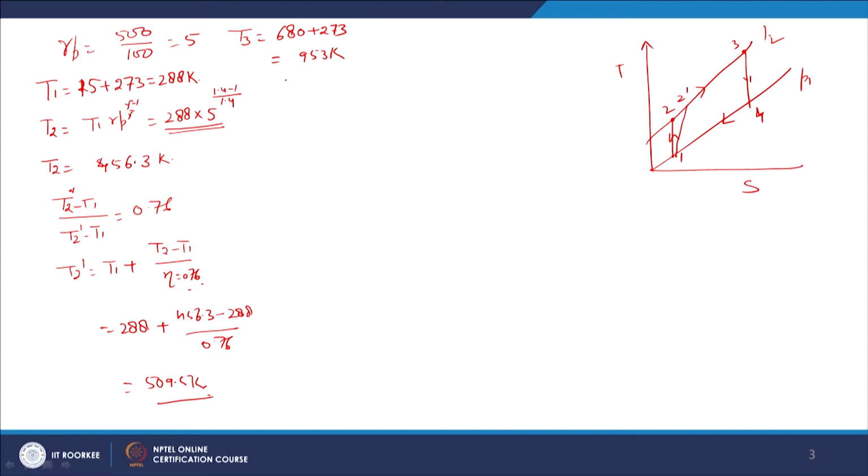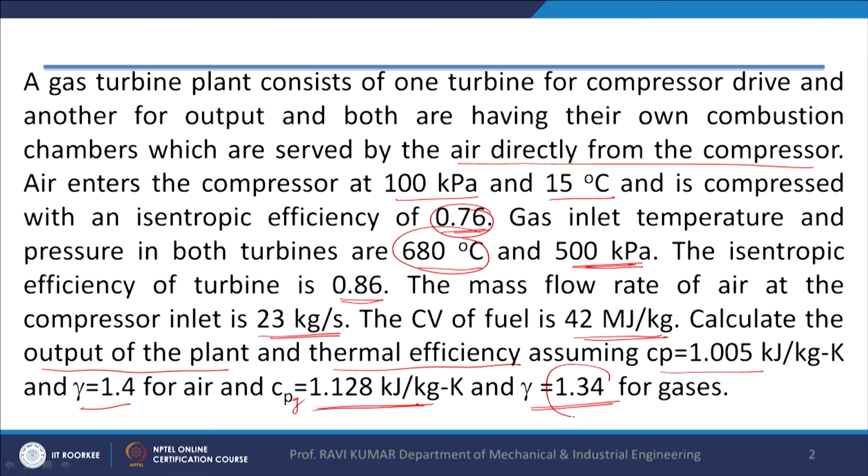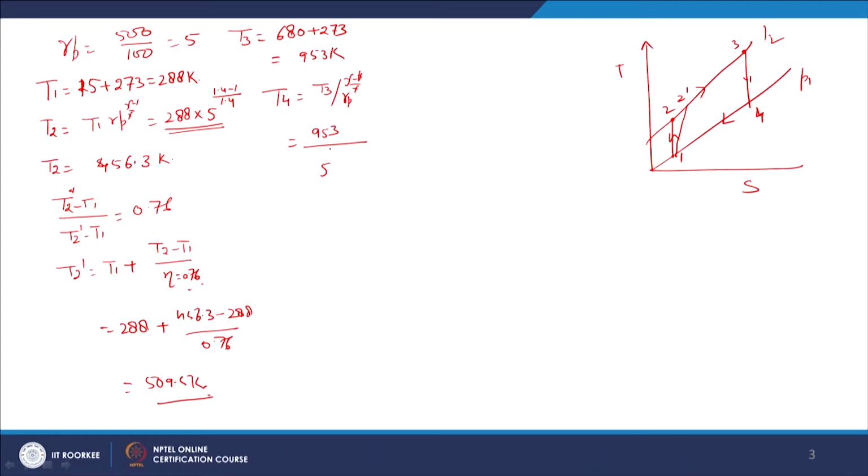Now, for state 4, T4 is equal to T3 divided by Rp raised to the power (gamma minus 1) over gamma, where gamma is the gamma for flue gases. T3 is 953 divided by 5 raised to the power (1.34 minus 1) divided by 1.34, and this will provide the value of T4 as 633.56 Kelvin.